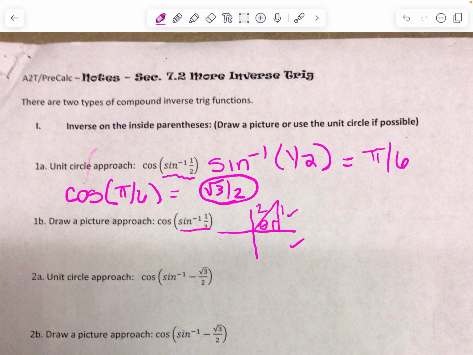The sine is opposite over hypotenuse. And then you do Pythagorean theorem to find the missing side. So you say 1 squared plus b squared equals 2 squared. So that gives me b squared is 3.